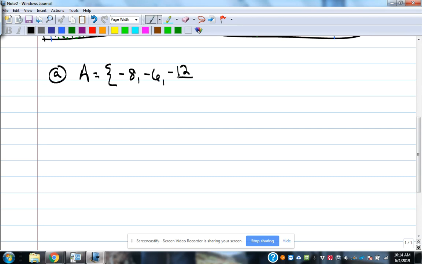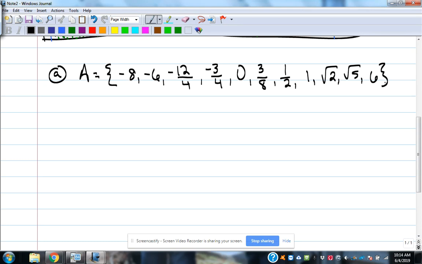Let's do -12/4, -3/4, the number 0, 3/8, 1/2, 1, square root of 2, square root of 5, and then the number 6. Okay. All of those numbers are in set A.